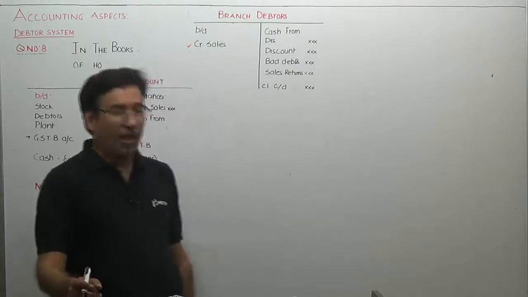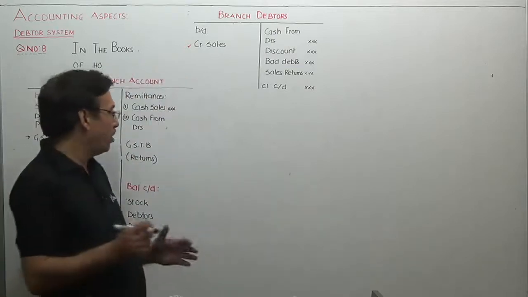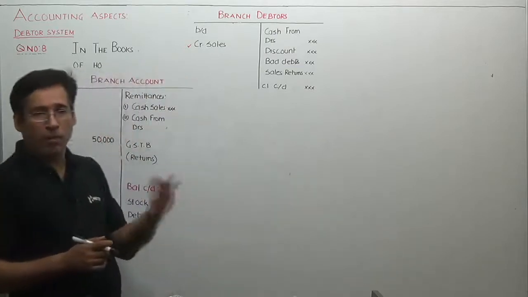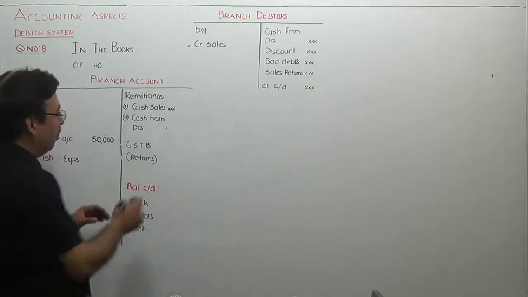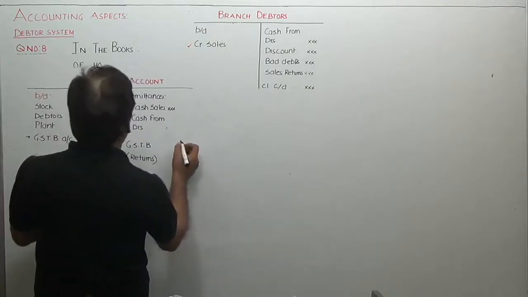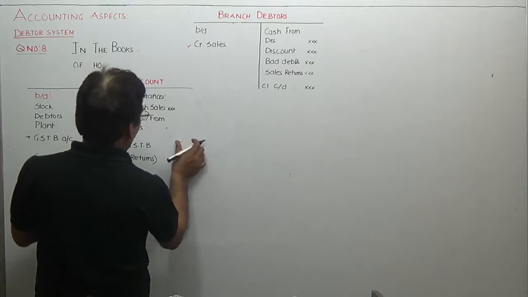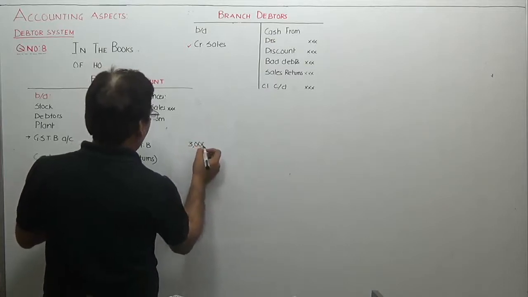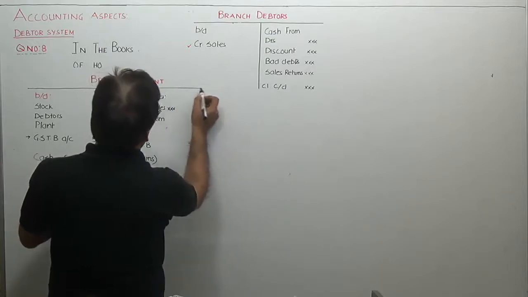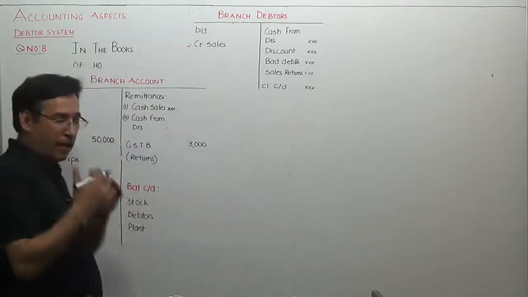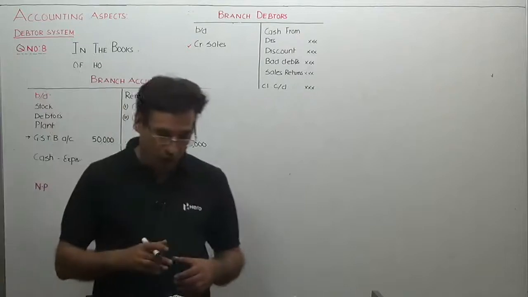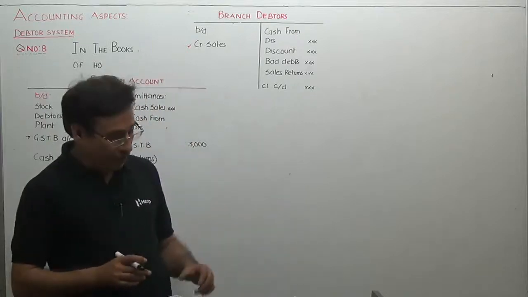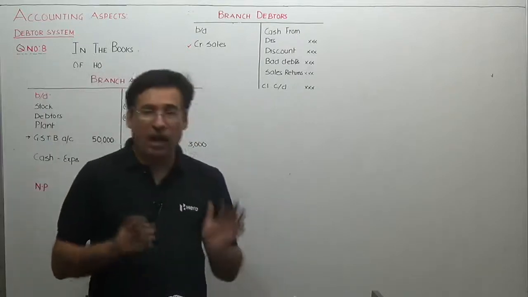Now, goods returned by branch at cost. I told you sometimes the branch returns goods back to head office. So now you are going to write it onto the credit side of the branch account. You will simply write here by goods sent to branch account returns 3,000. Whenever we receive something back from the branch, we put it onto the credit side. Then there are branch credit sales.